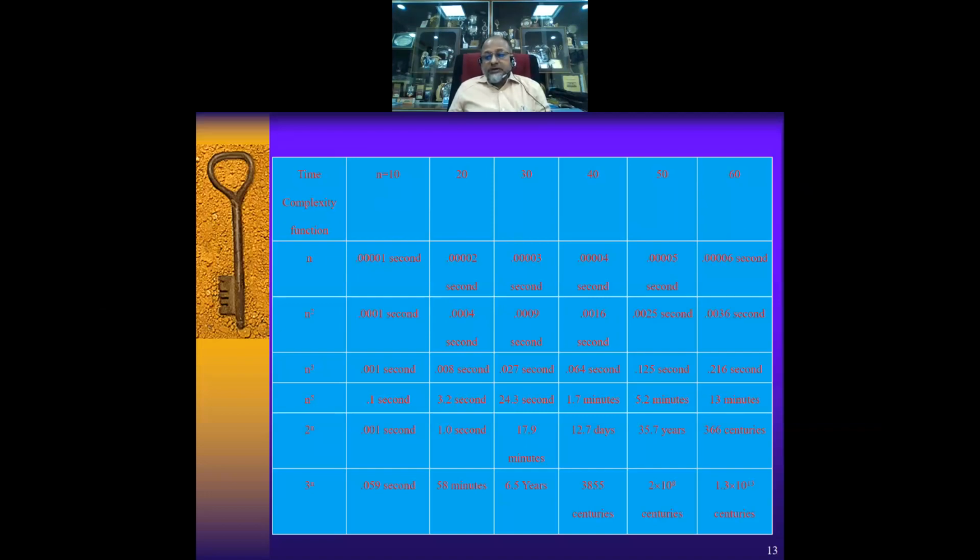But in some cases we will accept the exponential algorithm also, because if there is no polynomial time algorithm available to solve simple problems, for example a 20 node problem or 10 node problem, we can apply those algorithms to get the solution.